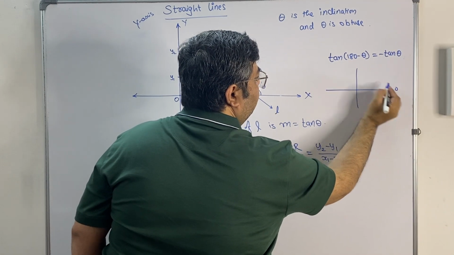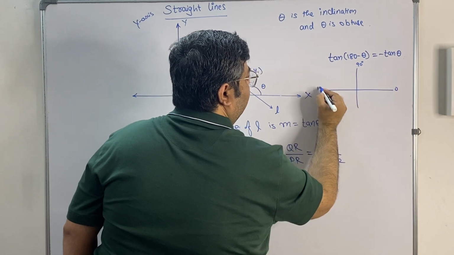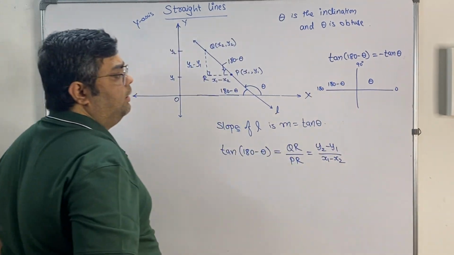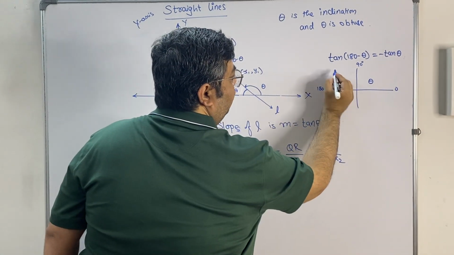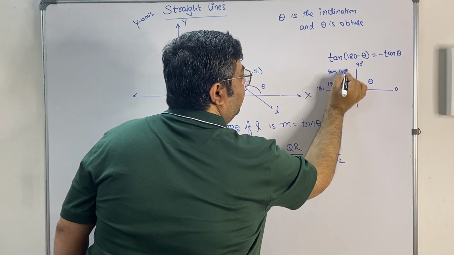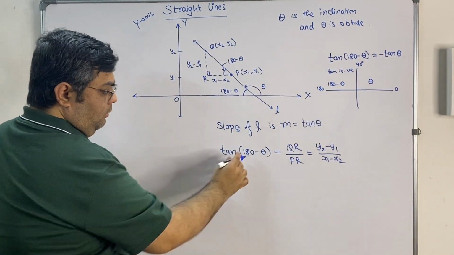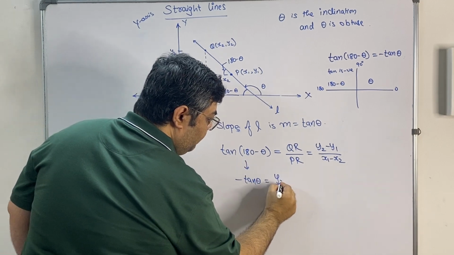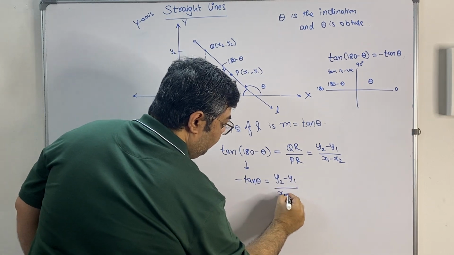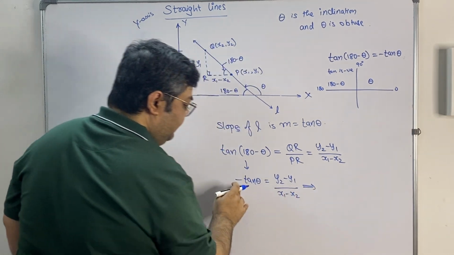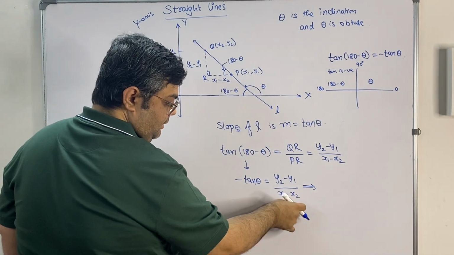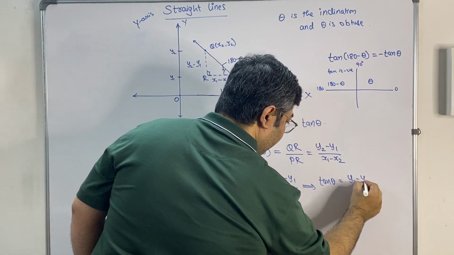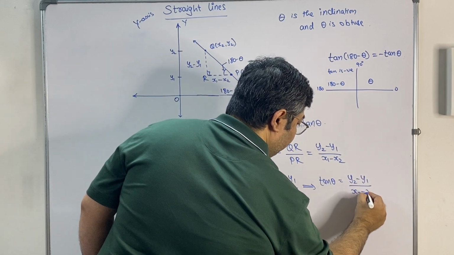First quadrant 0 से 90 होता है, यहाँ पे 180 है. So if this is theta, this is 180 minus theta for an acute angle. And in the second quadrant, tan is negative. So this gives us minus of tan theta is y2 minus y1 over x1 minus x2. I take the negative on the other side and change this. So this makes it tan theta is equal to y2 minus y1 over x2 minus x1.